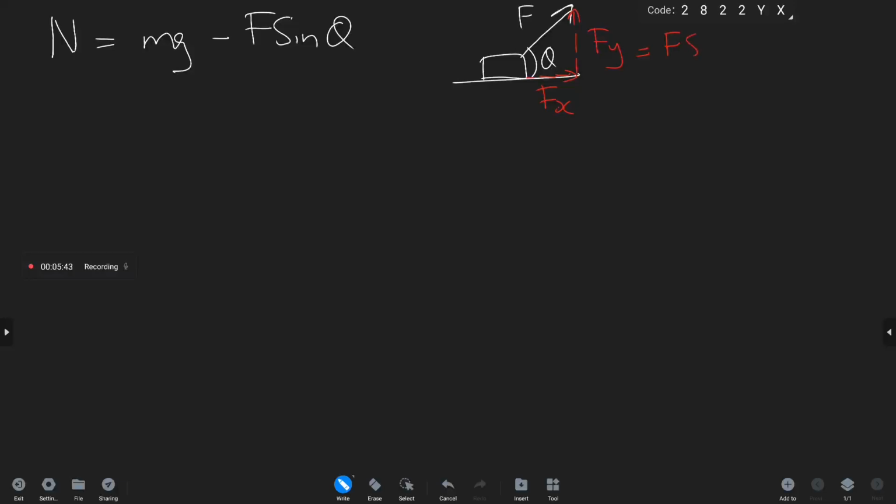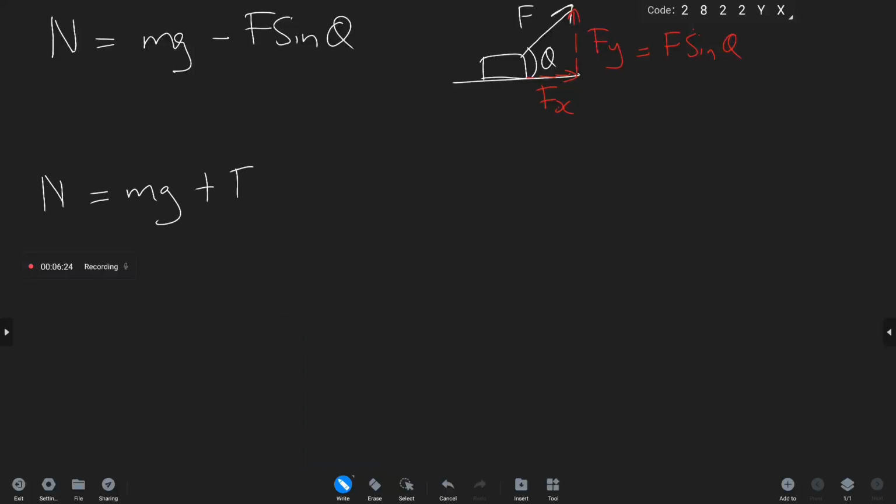Now, this vertical component is opposite the angle theta, and the vector sum again of all the forces acting vertically, which is the normal force going upwards, the vertical component of the applied force also going upwards, and the force of gravity going downwards, add up to 0. So that's why we find normal force being equal to mg minus F sine theta.